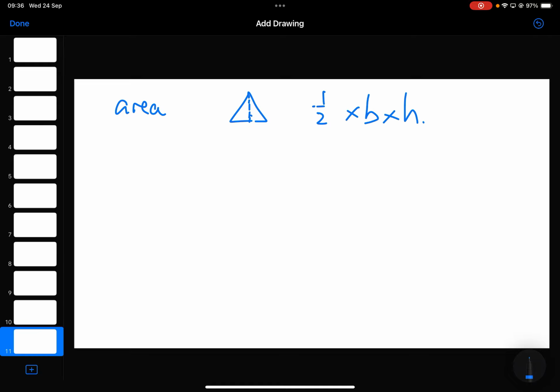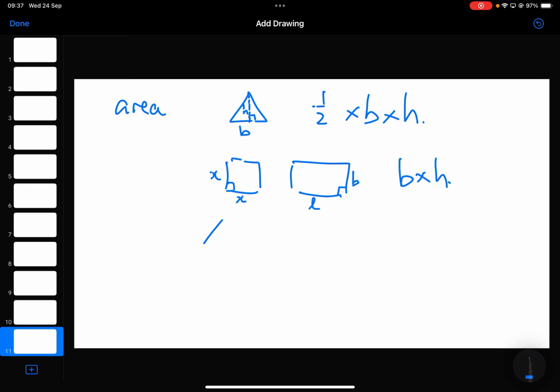My height and my base must be 90 degrees apart. Any square or rectangle is just base times height. You may remember it as length times breadth, but actually your length times breadth must be 90 degrees apart. So there's no difference calling it base times height or length times breadth. They must be 90 degrees apart.